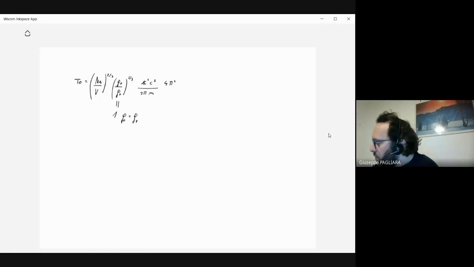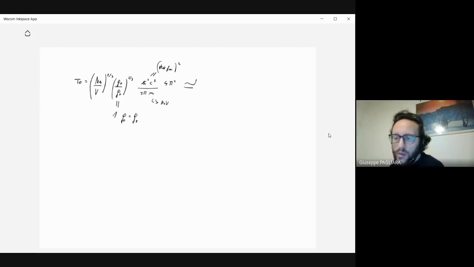Therefore, I remove the Fermi squared between the denominator and the numerator, and correctly I obtain an energy. Okay, because the temperature in natural units is energy. So this is MeV Fermi squared. The mass has dimension MeV, and volume to the power of 2/3 is again Fermi squared. Therefore, I remove the Fermi squared and I get MeV squared divided by MeV. So that's correct. It's always useful to do this dimensional analysis.